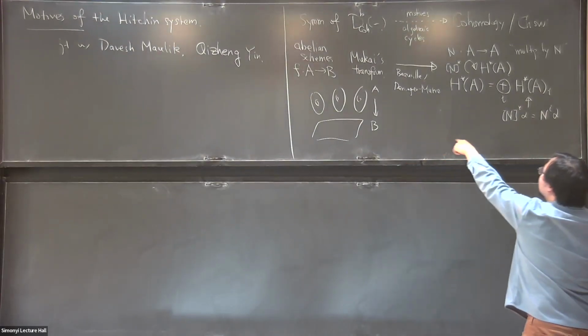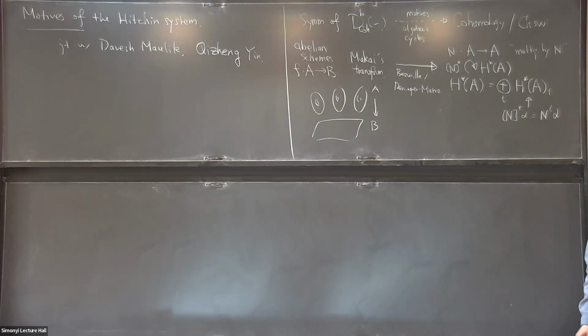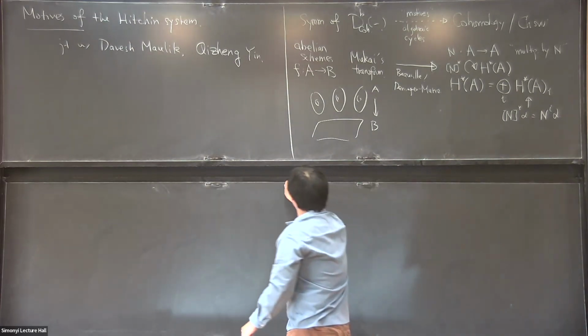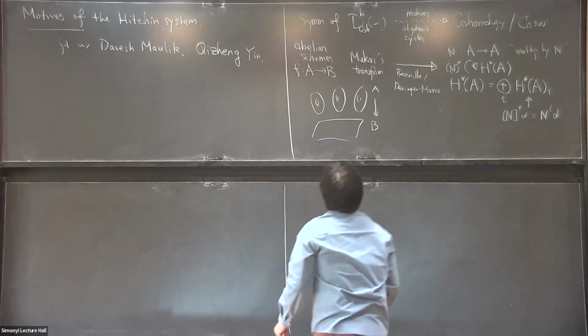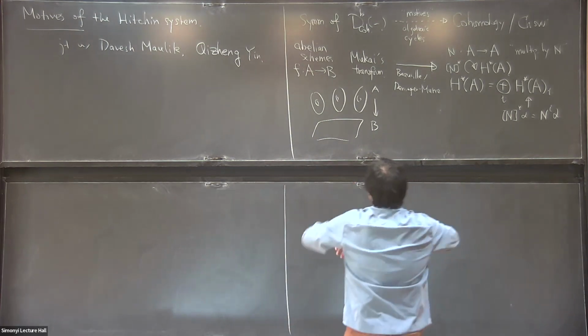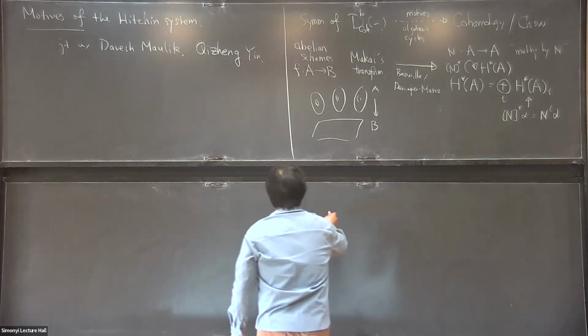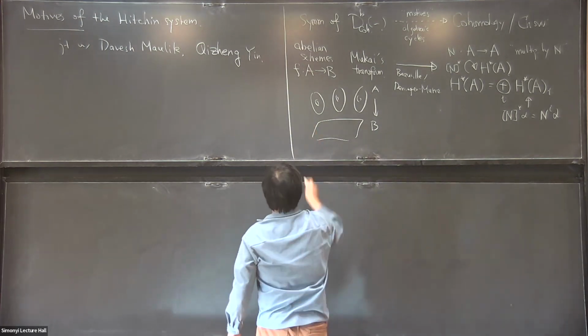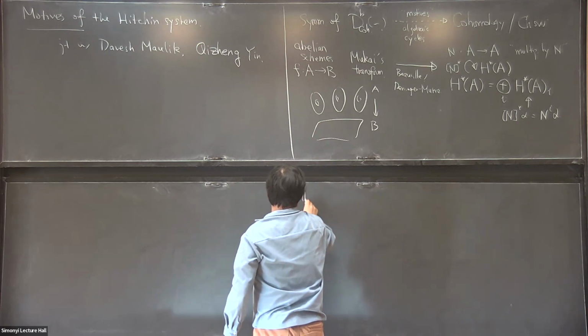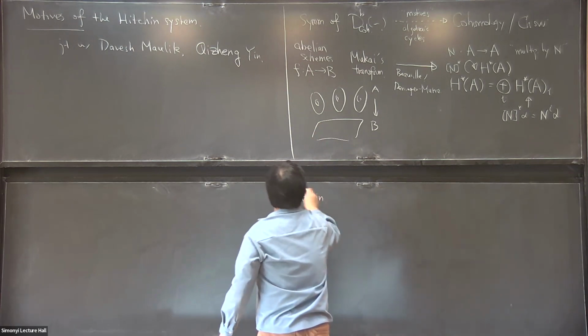The purpose of today's talk is to explain a version of this for the Hitchin system. Let me continue on this blackboard. Now instead of considering an abelian scheme, we consider the Hitchin system, which I will introduce in a minute.